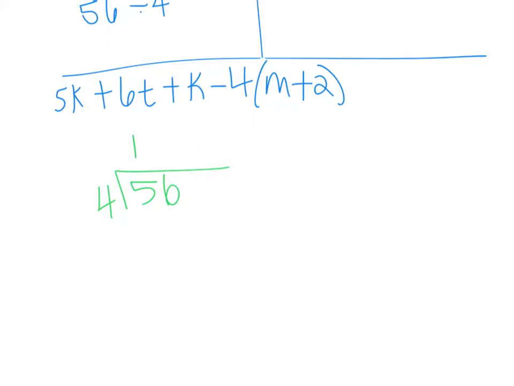So 1 times 4 is 4. And then you subtract 5 minus 4. You would get 1. And then you have to bring down your next term, the 6. So 4 goes into 16 4 times. And then 4 times 4 is 16, which would leave me with the remainder of 0. So I know that 56 divided by 4 is 14.